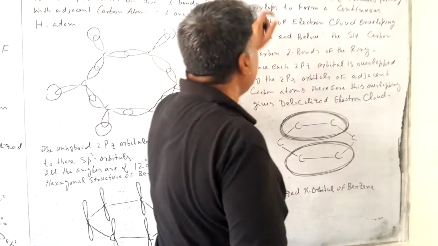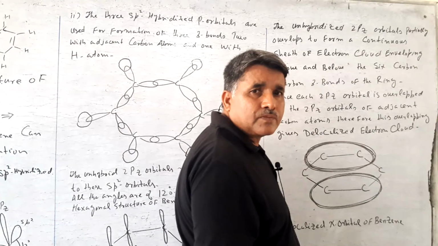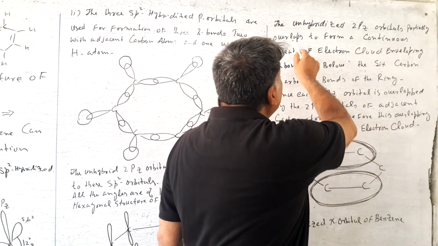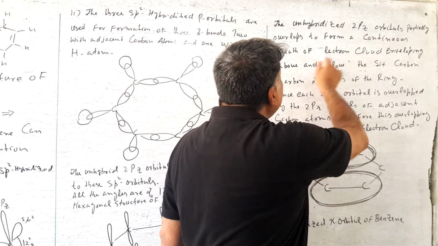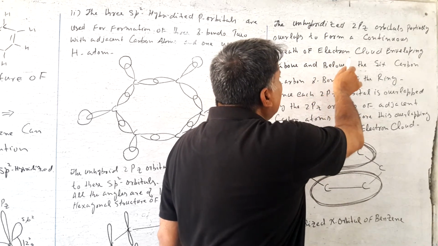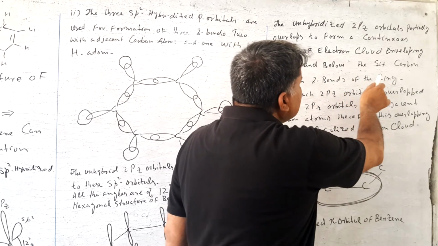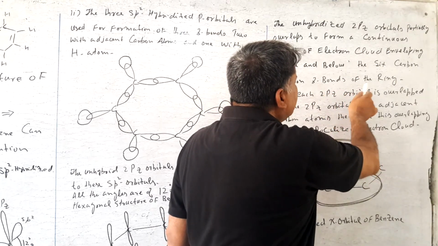So the unhybridized 2pz orbitals partially overlap to form a continuous sheath of electron cloud enveloping above and below the 6 carbon-carbon sigma bonds of the ring.